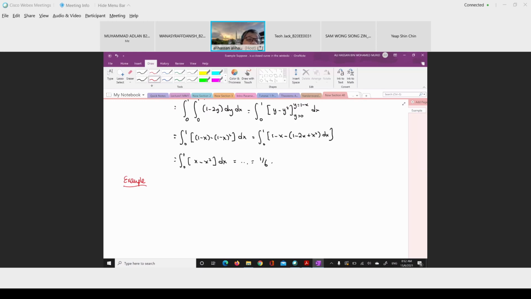Suppose F is the vector field 2y cubed i plus x to the power of 4 plus 6y squared x j, and the curve C is as shown below here.